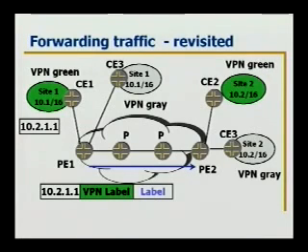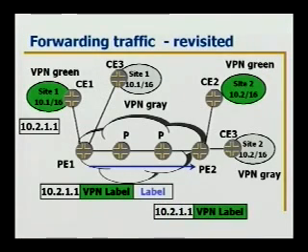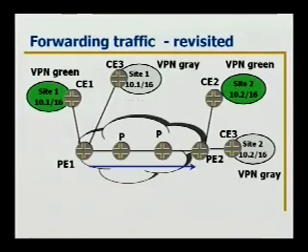So finally, the packet is going to arrive at P2, with a VPN Green label on the top, and PE2 has no trouble identifying that this is a packet destined for VPN Green and send it out on the correct interface. Now, what if we were receiving a packet on VPN Gray?